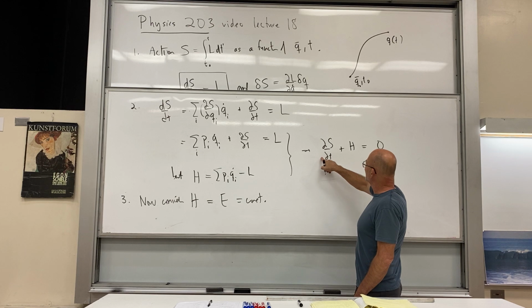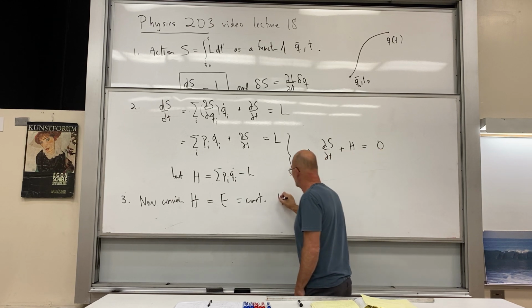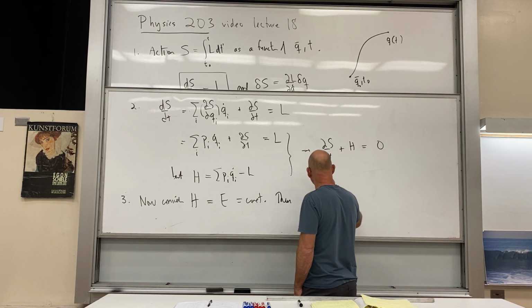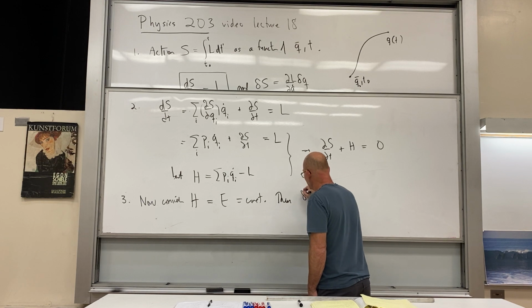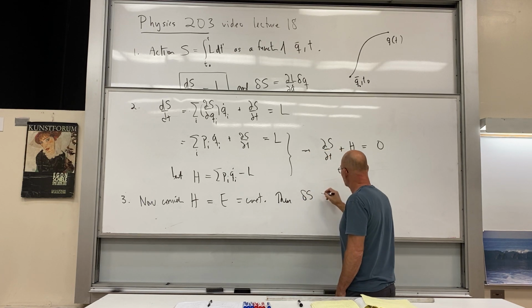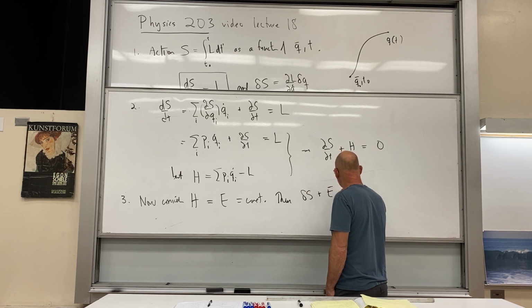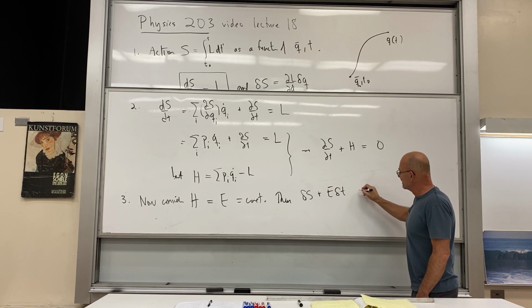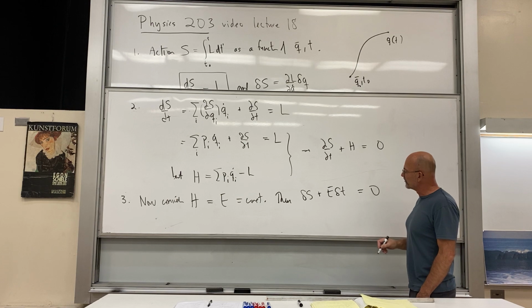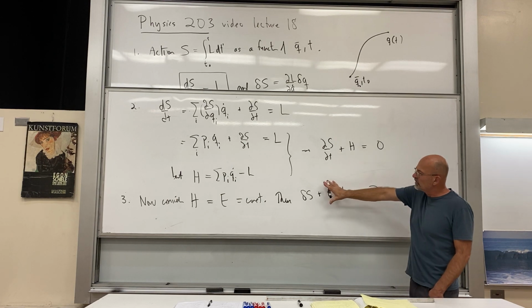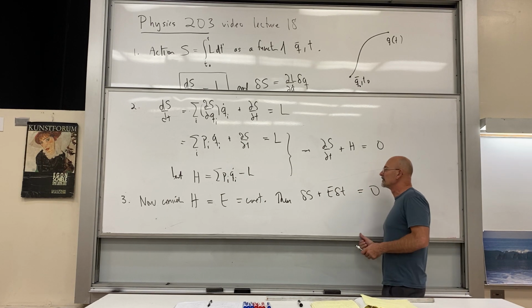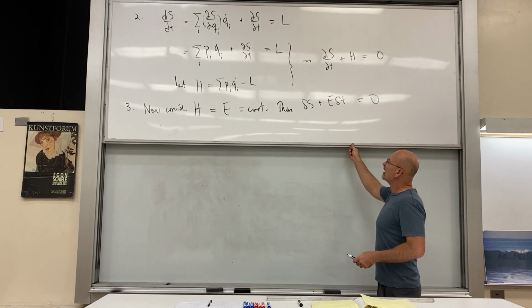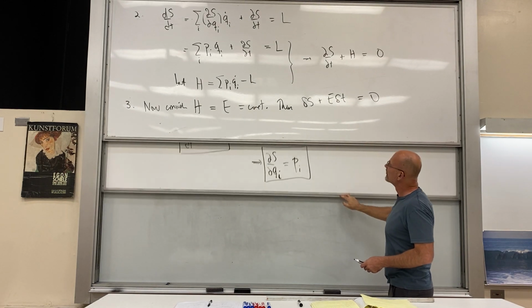Then again, this thing right here, we can write as dS plus E dt is equal to 0. And we use that to get the new variational principle of Maupertuis.